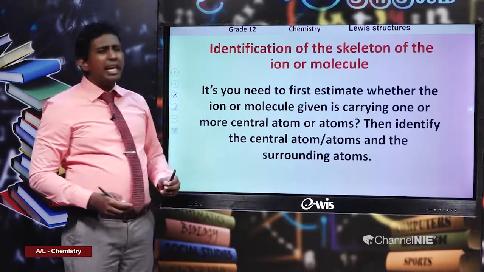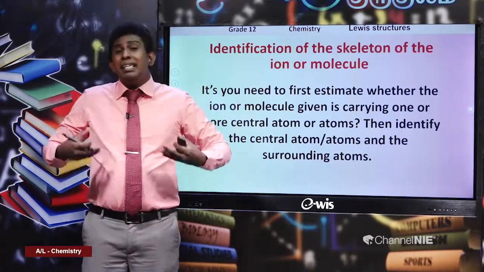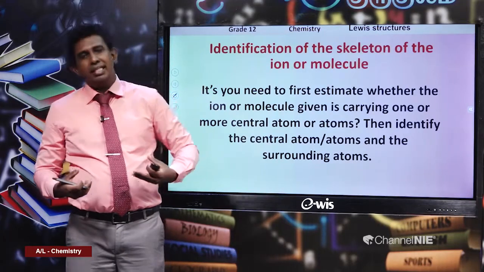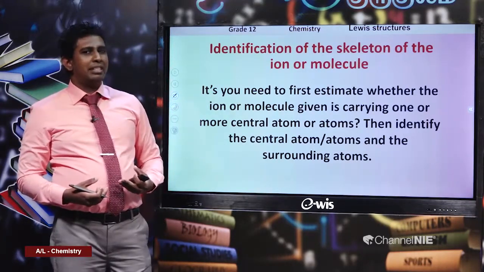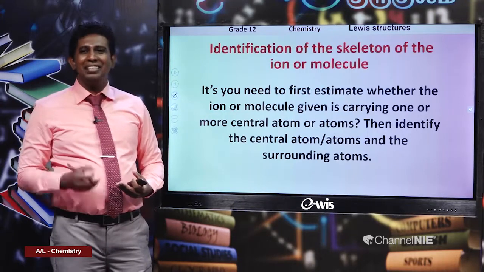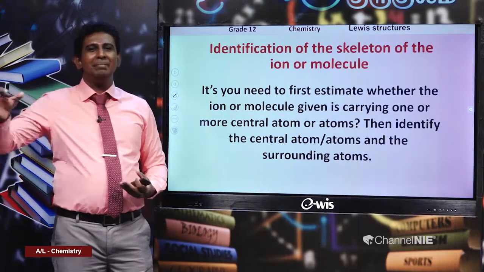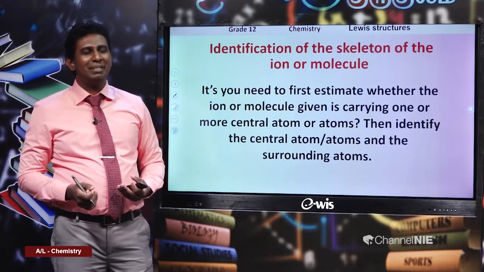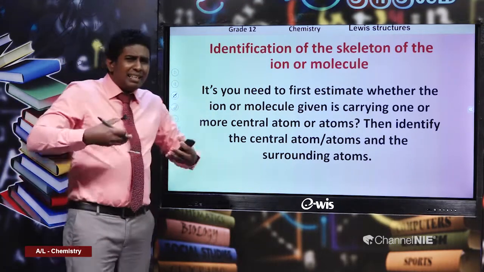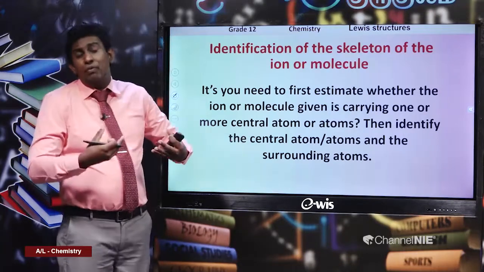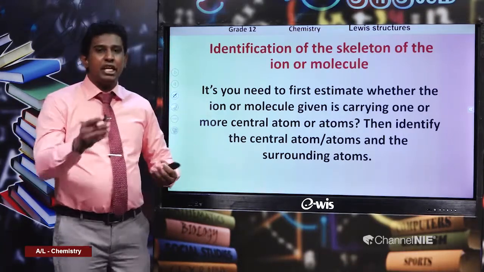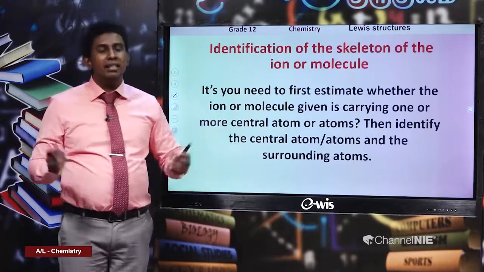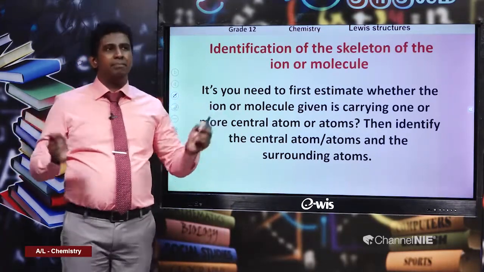Then it's very important which one is the central atom and which atoms are not. Except the central atom, other atoms are the terminal or peripheral atoms. Okay, it's that simple. But identifying which is the central atom is very, very important. It's going to be critical.